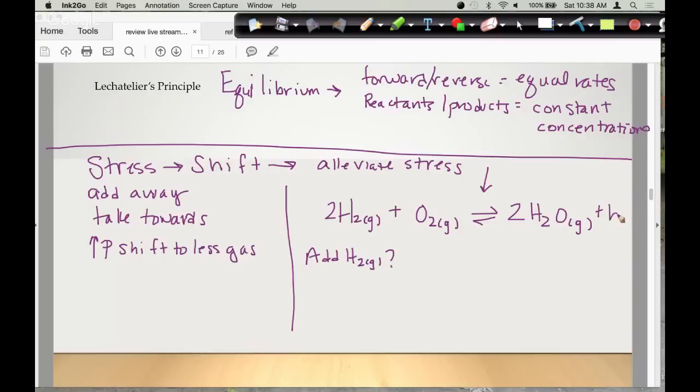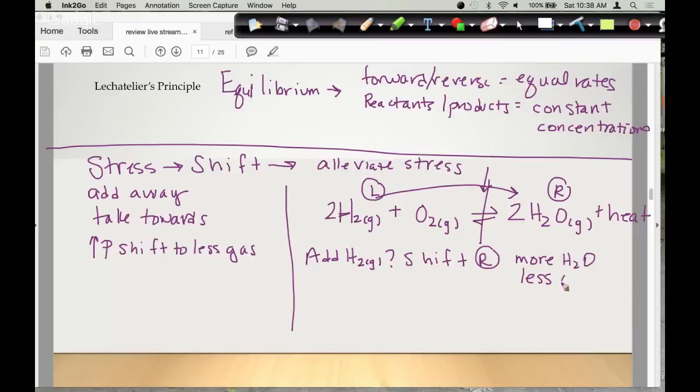We should also put plus heat over here. It's exothermic. If I add H2, this is my left side, right? This is my right side. Add away. I'm going to shift right. I'm going to make more H2O, and I'm going to use up O2 in the process.